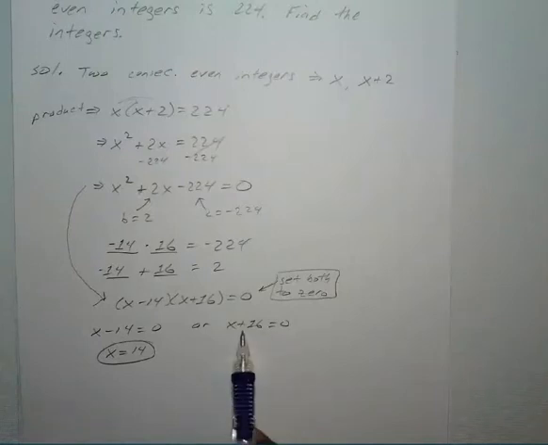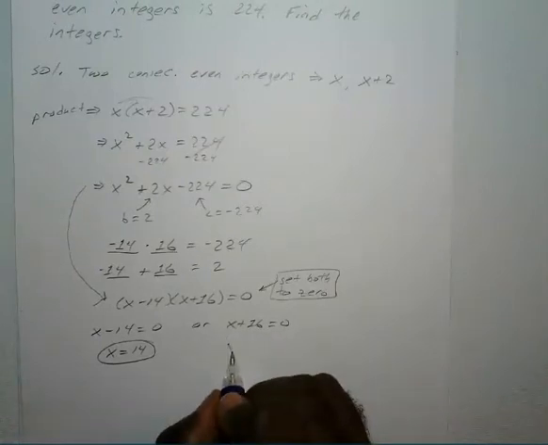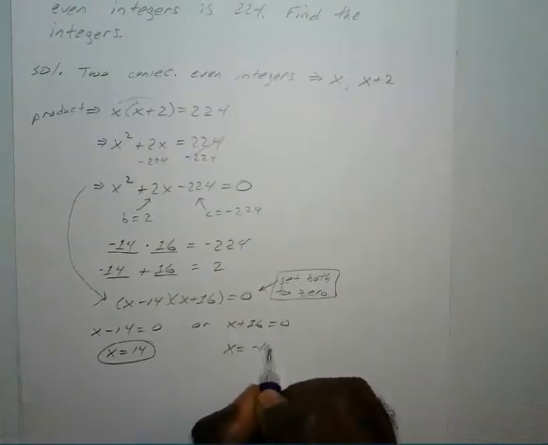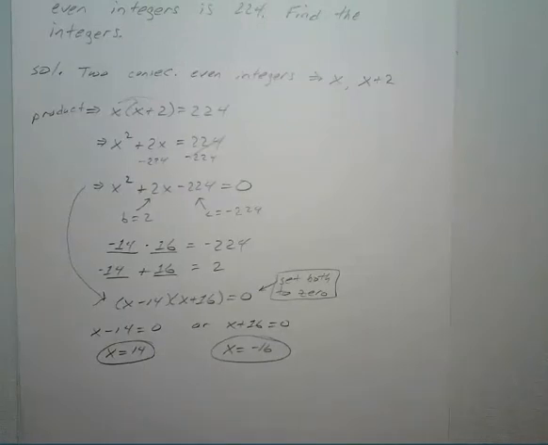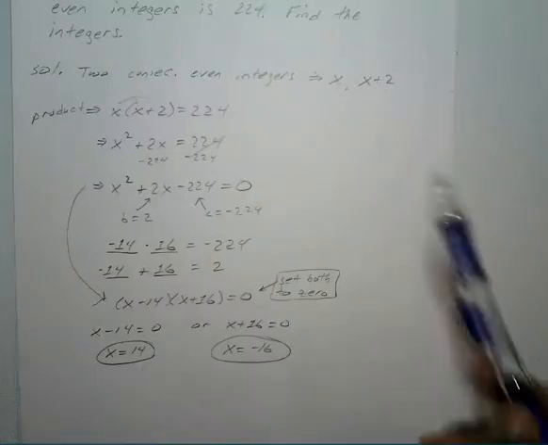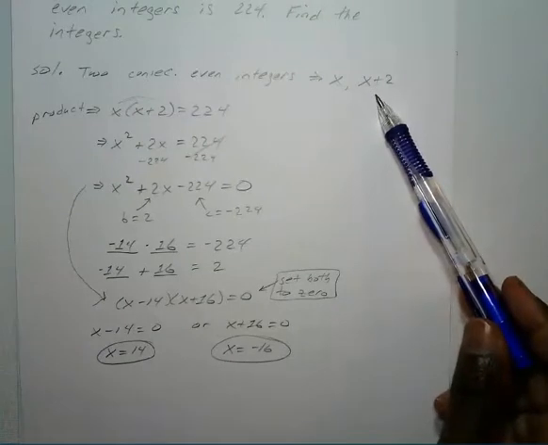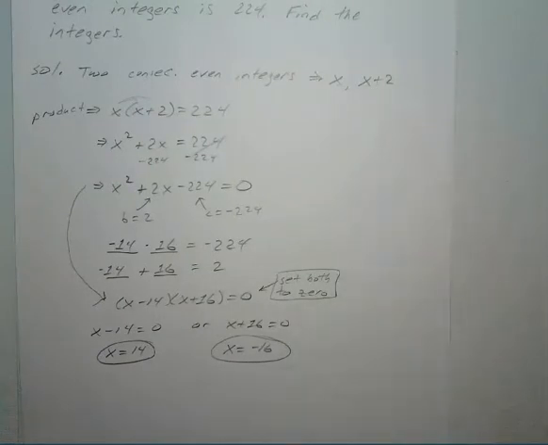If we subtract 16 from both sides, we get x equals negative 16. That's all fine and dandy, but notice they are not consecutive. One's positive, one's negative. So we plug those into our x and x plus 2 to find our consecutive values.